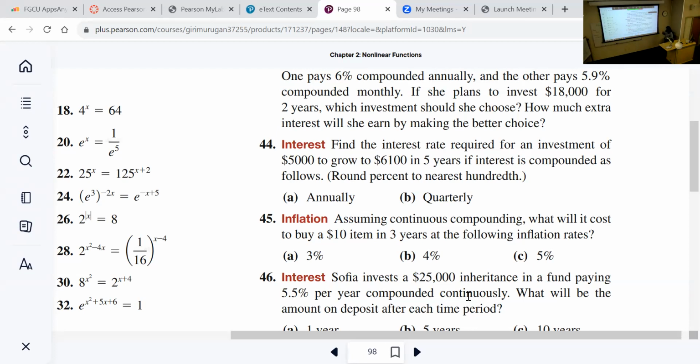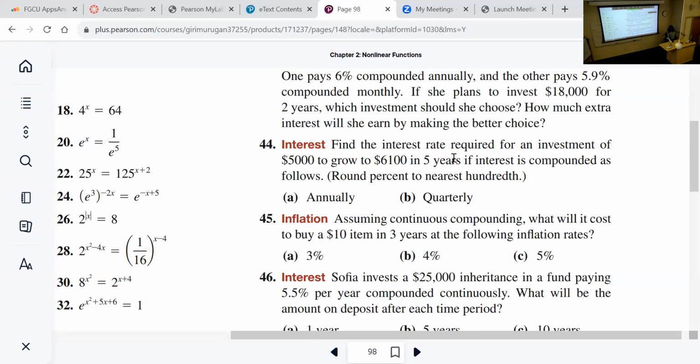To compound something would mean you're applying something to itself over and over and over again. Goes back to exponential. Isn't that the definition of an exponential function? 2 gets multiplied to 2, gets again multiplied to 2, and so on. So simple interest and compound interest, they're not the same.